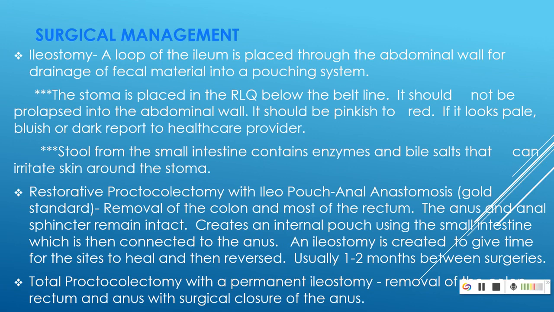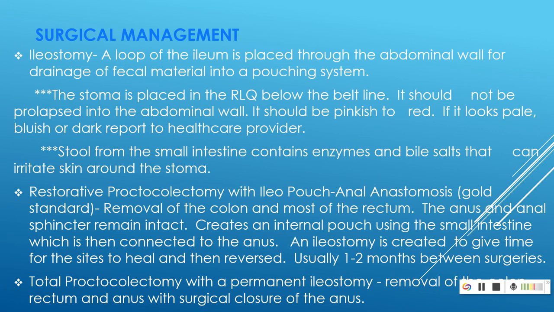The anus and anal sphincter remain intact. So this creates an internal pouch using the small intestine, which is then connected to the anus. So basically you're doing a bypass of the GI tract. You're going from the small intestine straight to the anus. We're bypassing the colon. They're taking that out. So an ileostomy is created to give time for these sites to heal up, and then it can be reversed. Usually it's about 1 to 2 months between the surgeries.